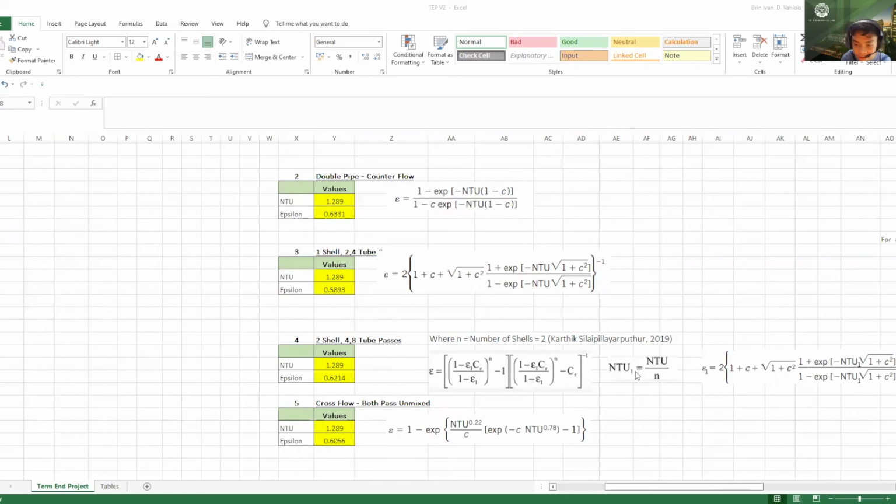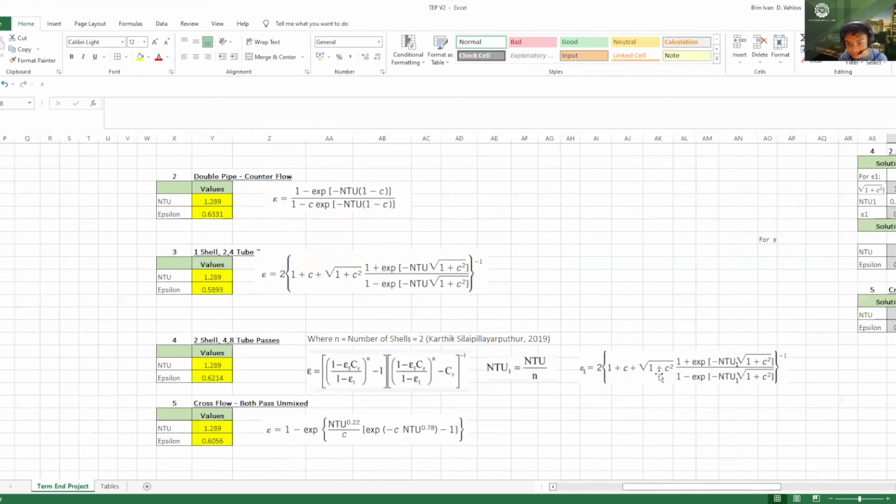And NTU1 is equal to NTU over N, while N is the number of shells. This is 2 shells, so this is number 2. To get the value of epsilon 1, it is the same as for 1 shell, but you will need to use the NTU1 values. Okay?